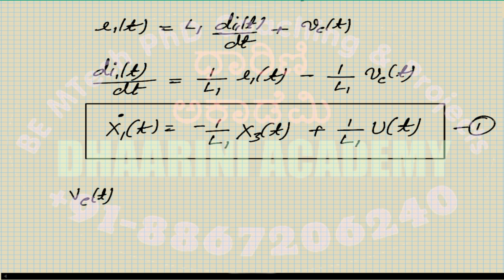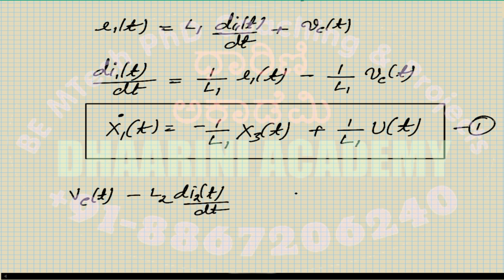Then moving across the inductor, current moves from left to right, so the voltage is decreased as per our convention, that is negative: minus L2 into di2 of t by dt.